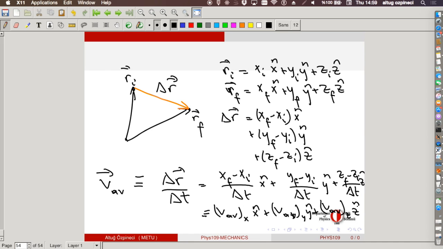So again, if you just look at the x, y, and z components, we use exactly the same definition that we use in the one-dimensional case. We are basically repeating the same thing.